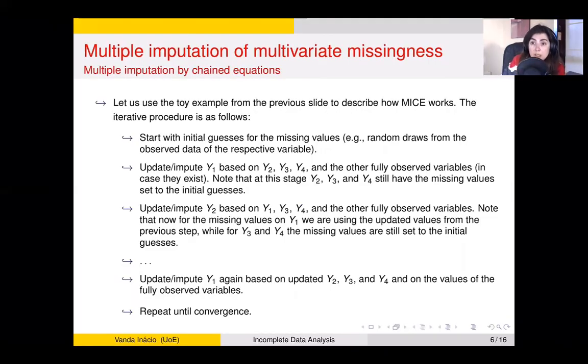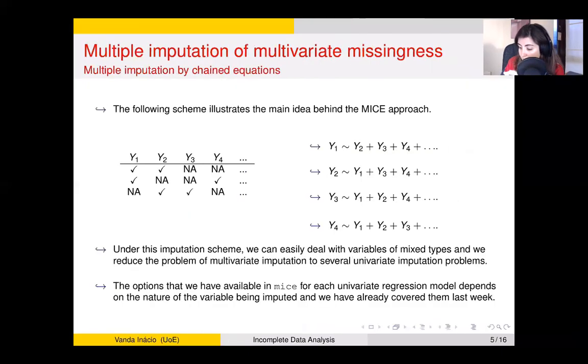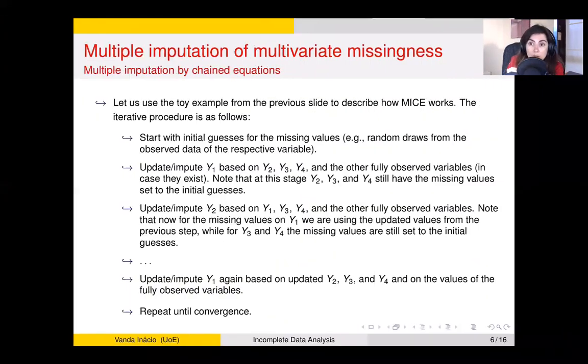Well, the MICE algorithm is an iterative procedure, and using the toy example that we have in the previous slide, what MICE does is, okay, I need to start by specifying regression models, and I need my covariates, or the variables that act as covariates in my regression models, to be complete. So this is an iterative procedure, and I will use some starting values to initiate my procedure.